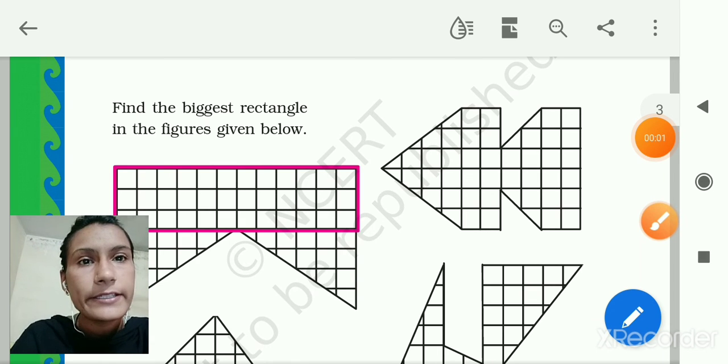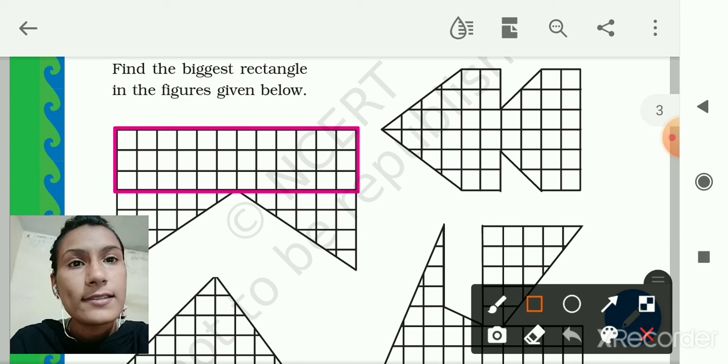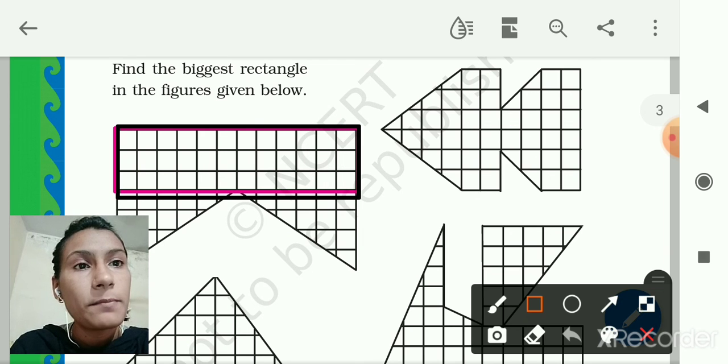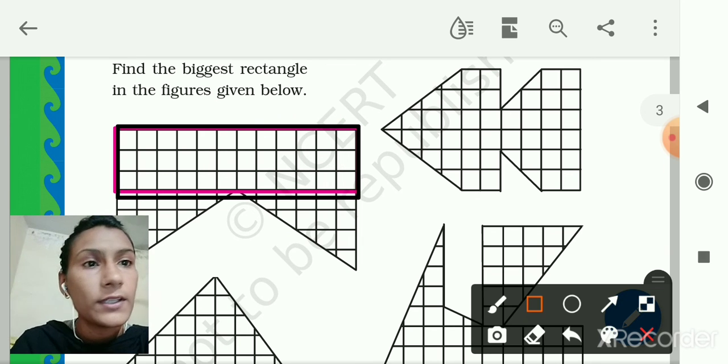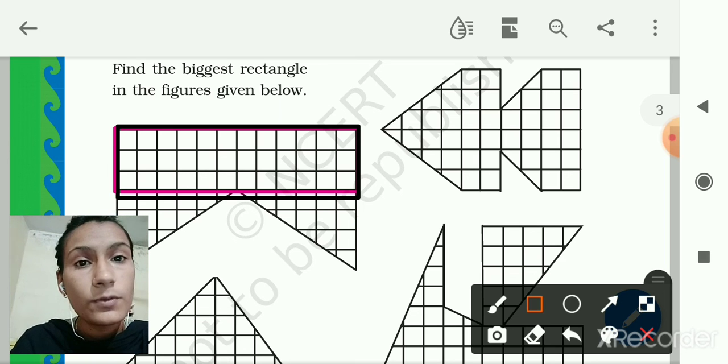The next one is find the biggest rectangle in the figures given below. So here you can see this first figure. This rectangle is already given. So this is the biggest rectangle in this figure. Then next this figure. So in your textbook you have to draw this rectangle.